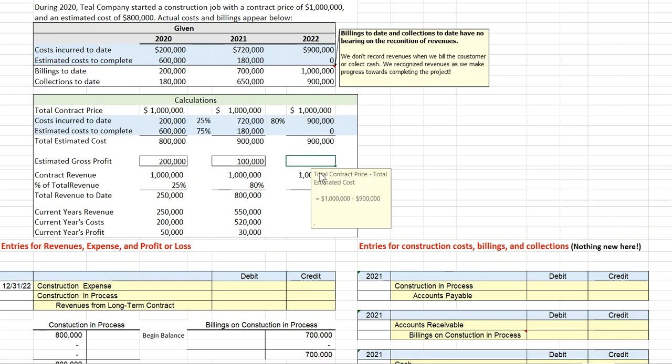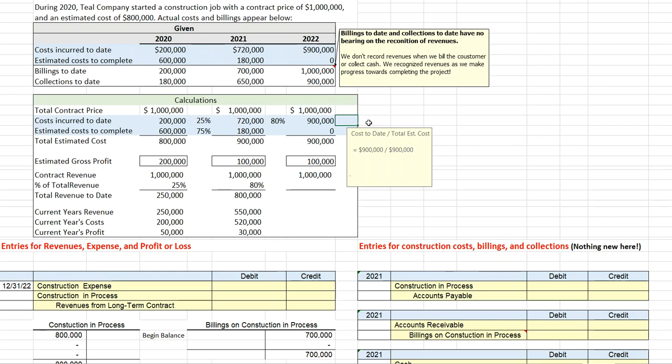And we will recognize an estimated gross profit of $1 million minus the $900,000, $100,000. We've incurred 100% of our estimated costs, so we will, of course, by the end of year 3, have reported 100% of our profits, 100% of our cost, and 100% of our revenues.